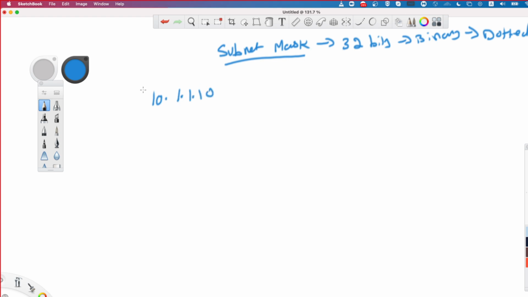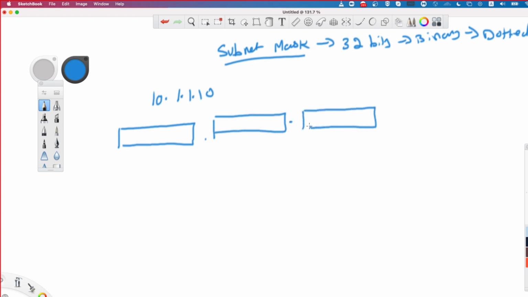Now if you convert this into binary, we will get the values like what? We have 32 bits.